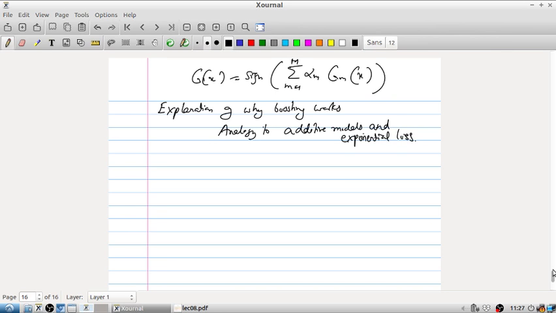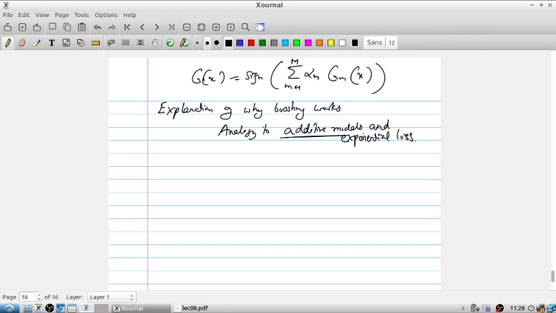So let's see. Let's focus first on the additive models business. We saw generalized additive models last class, right?